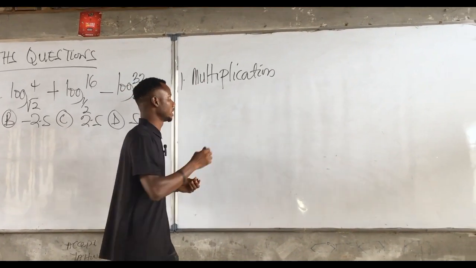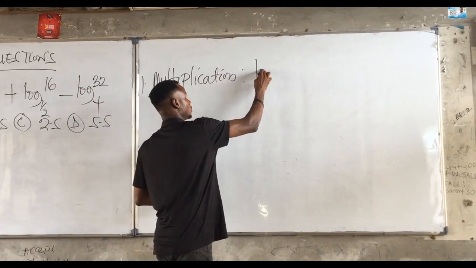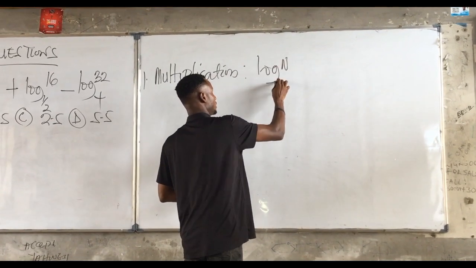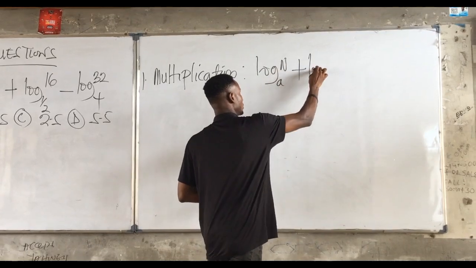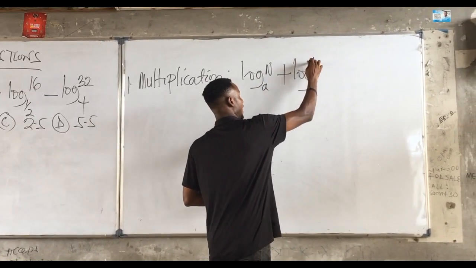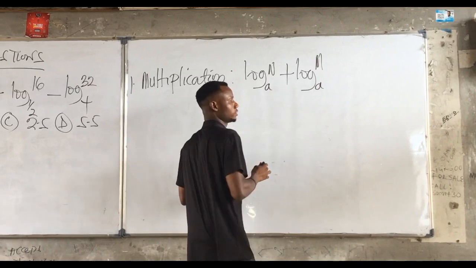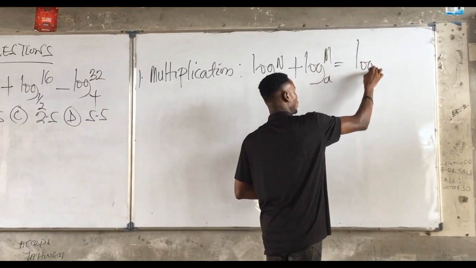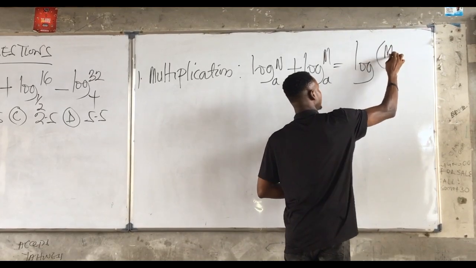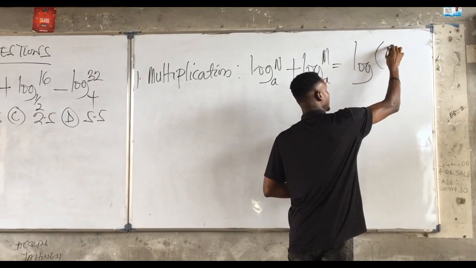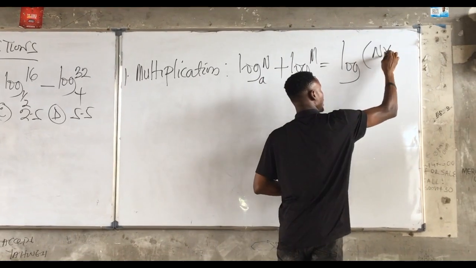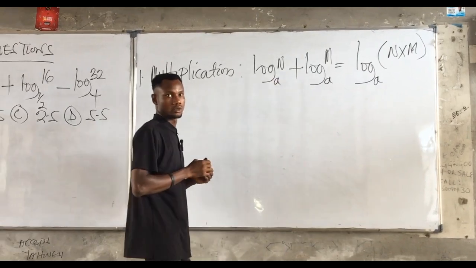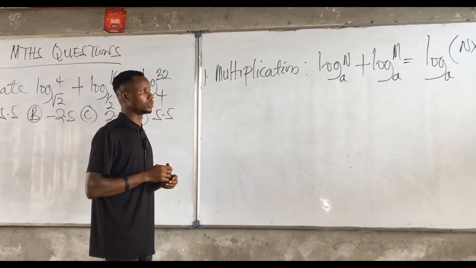What does it mean here? It means that if I have log of n base a plus log of m base a, this is going to be log of n times m, all base a. Please take note. We call this multiplication law.